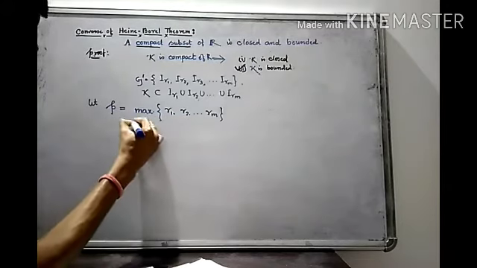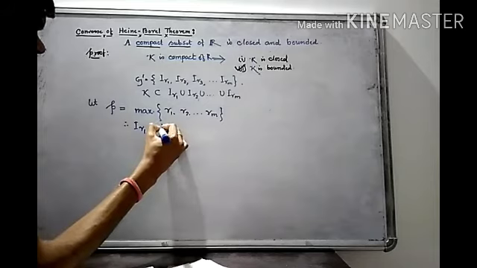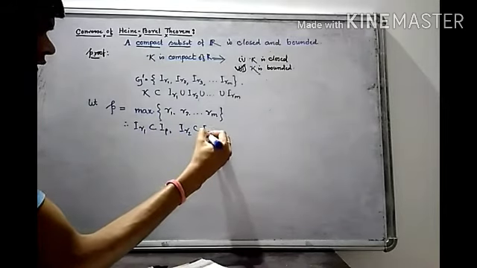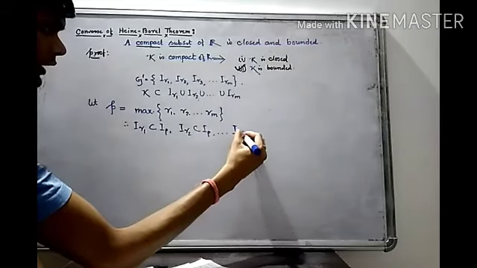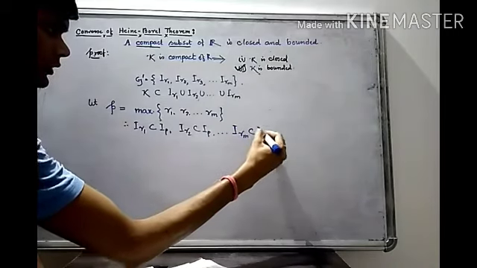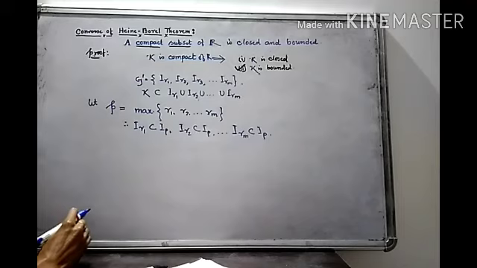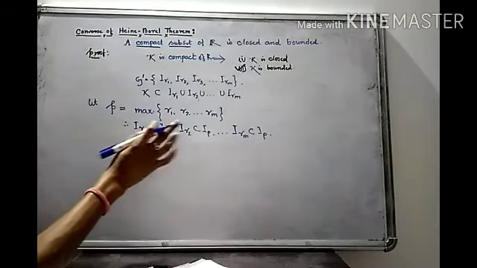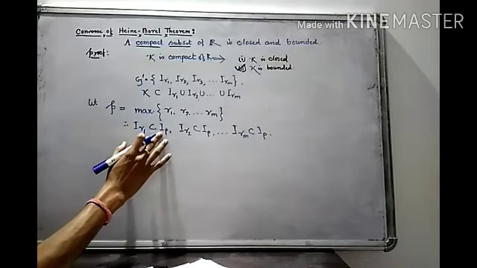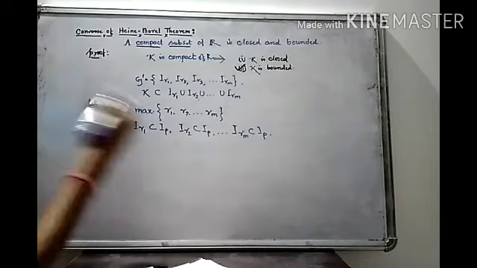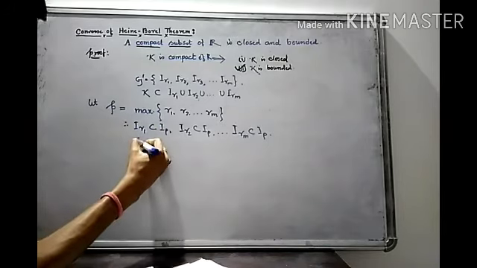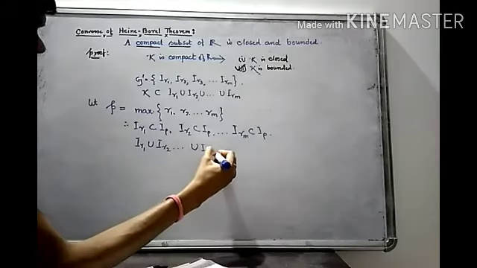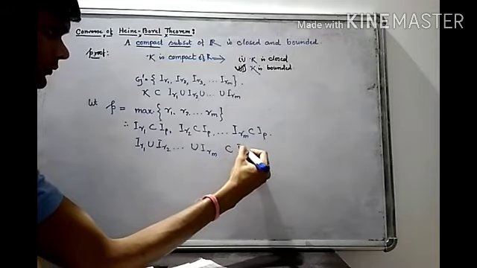Then definitely I_R1 is a subset of IP, I_R2 is a subset of IP, and I_Rn is also a subset of IP. Clear? Okay. Now each of them individually is a subset of IP. So if we take their union, that is I_R1 union I_R2 union I_Rn, this is also a subset of IP.